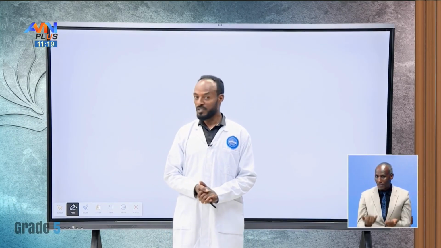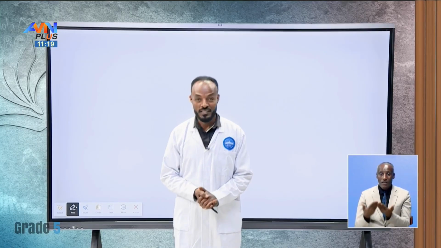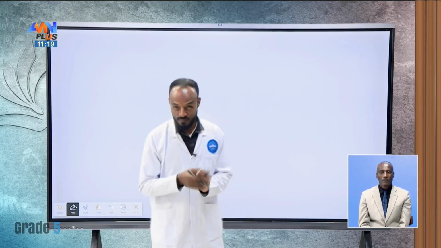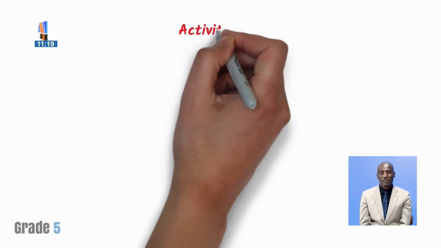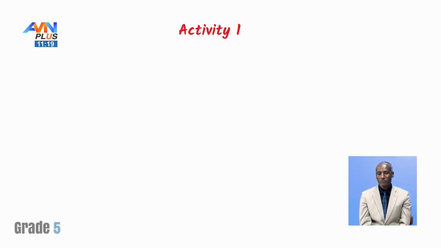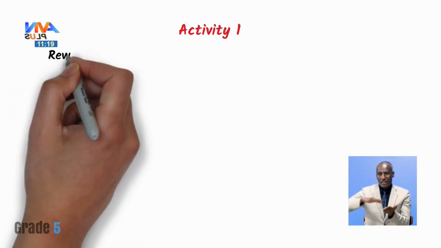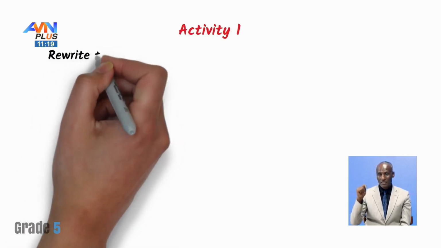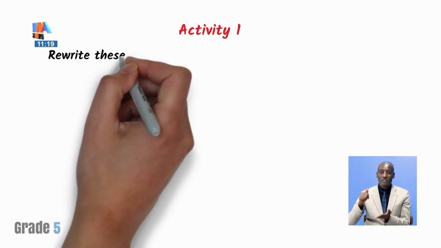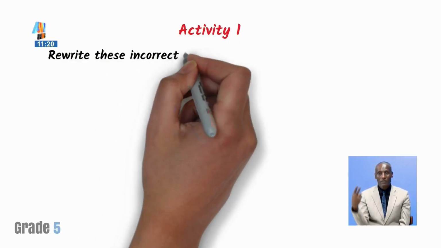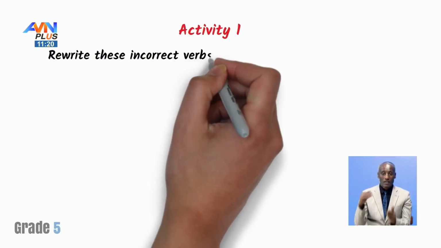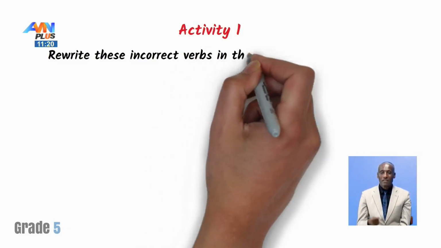Now, I'm going to give you an activity. Are you ready, students? Good. Students' parents, please help them. Activity 1: Rewrite the incorrect verbs in the sentence.